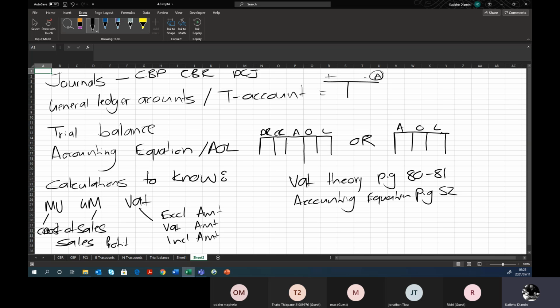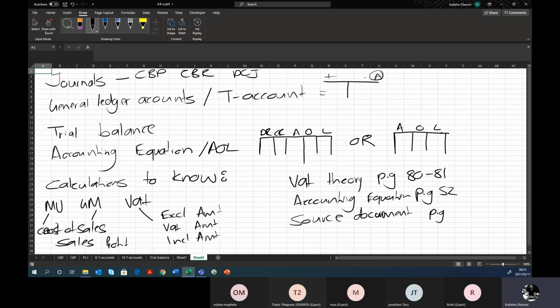You need to know your source documents, guys. Remember your source documents: receipts, credit invoices, credit notes. Right now you're dealing with cash invoices, so they're not going to affect you as much. But when you get to chapter 5, you need to already know this information. You must not leave it alone. You need to still work on this.